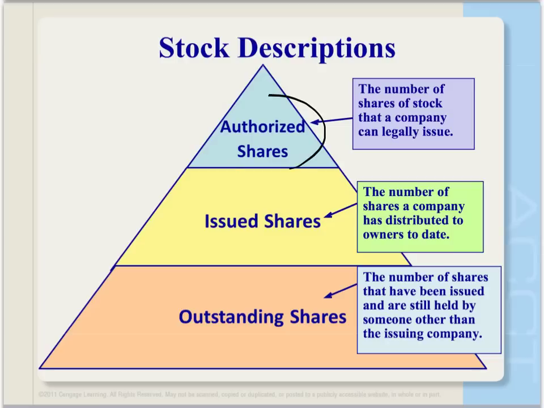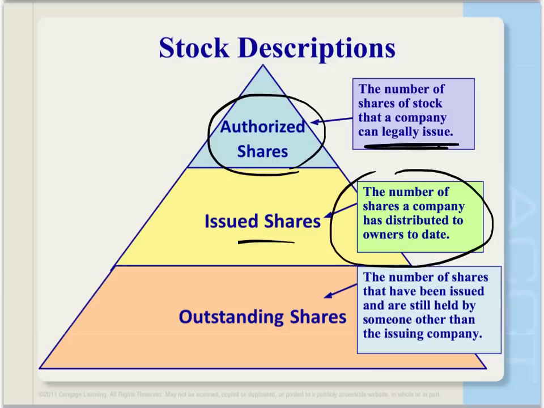We have authorized shares, which are the number of shares of stock that a company can legally issue. So in your corporate charter, they'll say, hey, we can issue 1 million shares of stock. Then the number of shares that are issued is the number of shares a company has distributed to owners.